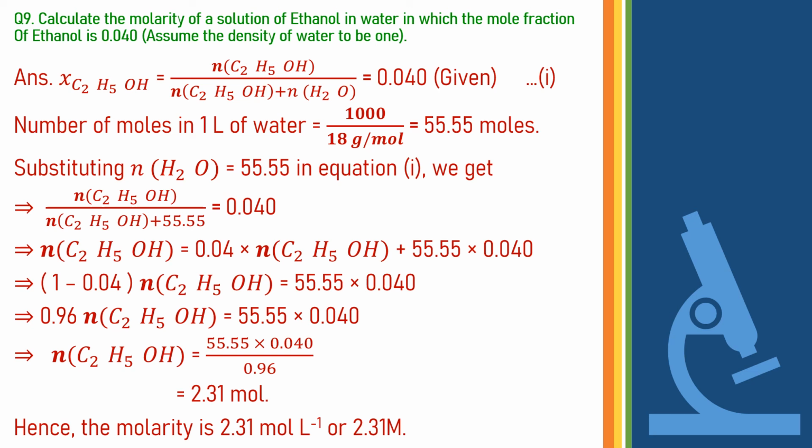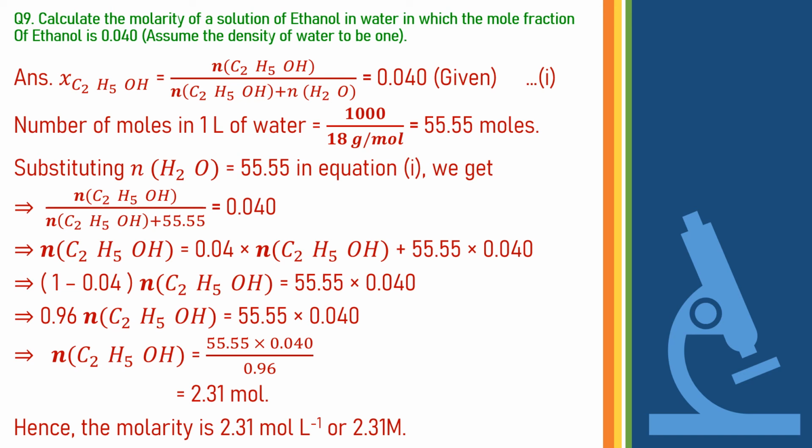So substituting the number of moles of H2O, that is 55.55, in equation 1, we get N C2H5OH divided by N C2H5OH plus 55.55 equals 0.040.